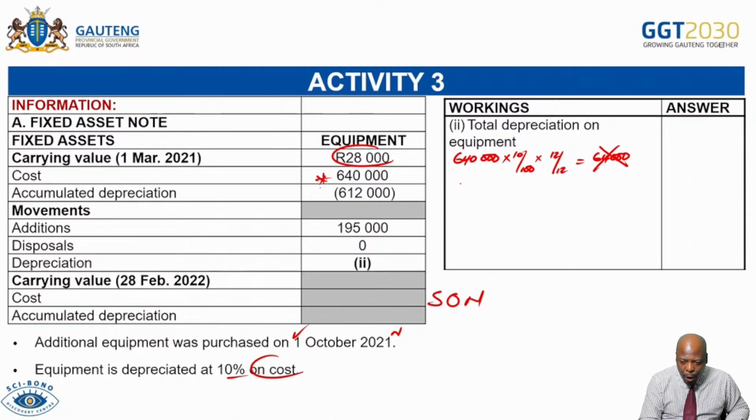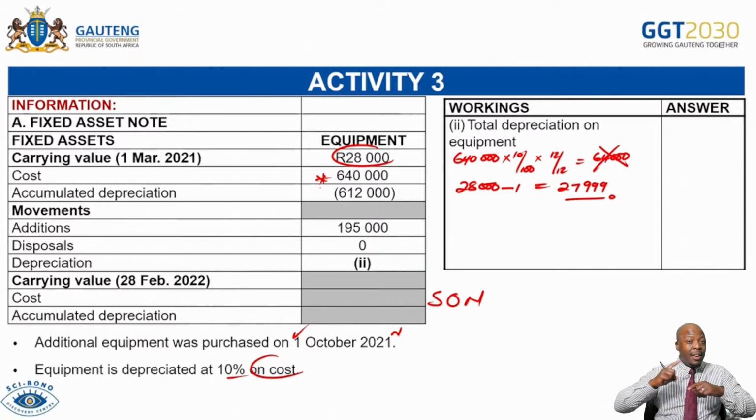You take your carrying value, which is 28,000, subtract R1, and then you get your new depreciation amount, which is 27,999. I taught this in last week's class. The moment you realize that your depreciation is higher than your carrying value, you can't depreciate an asset beyond its cost. In other words, you can't have a negative carrying value.